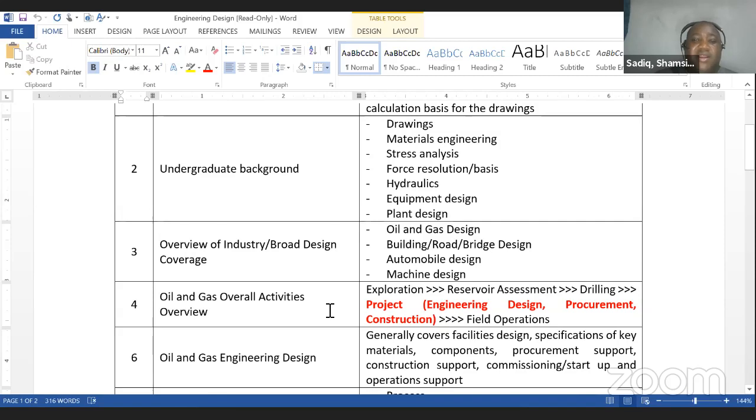For oil and gas activities generally, design is a component of the broad phases of oil and gas activities. If you want to outline it, for a typical oil and gas life cycle, you have exploration, where the geotechnical and geophysical guys handle that aspect.